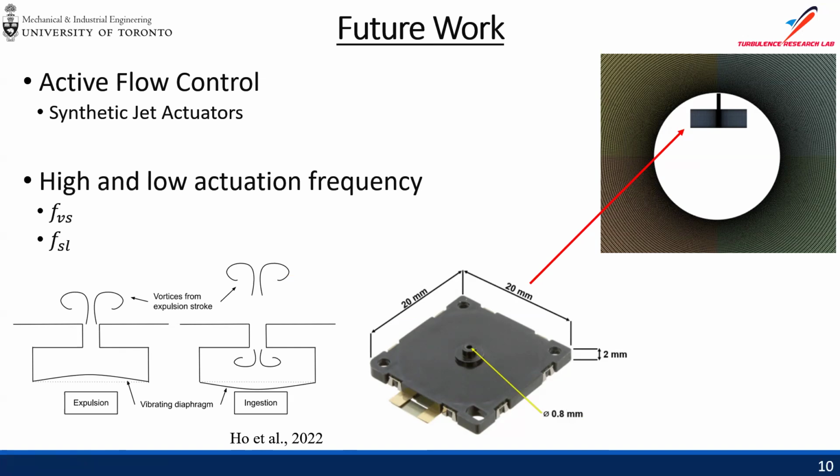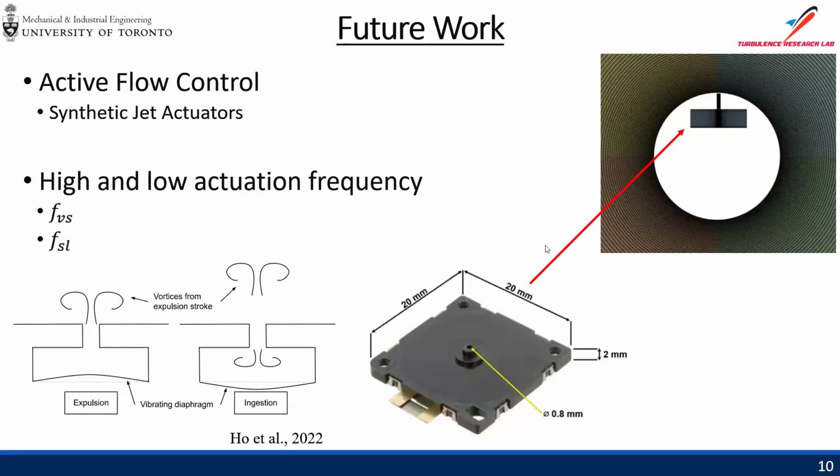This is where the actuation frequency becomes important. The vortex shedding, or wake, frequency and the shear layer frequency that we calculated earlier will be used to actuate the flow at those 2 specific frequencies. That is basically why we use the POD.